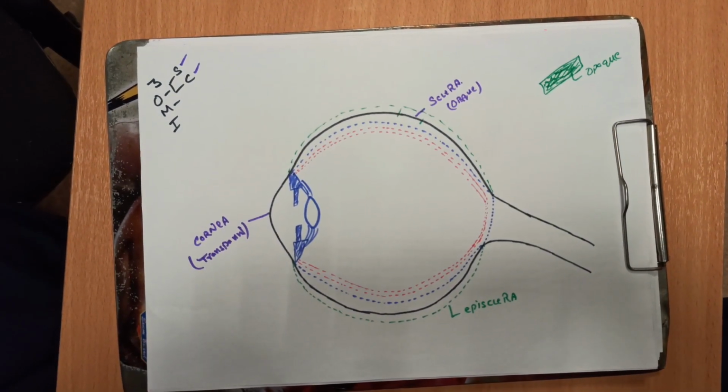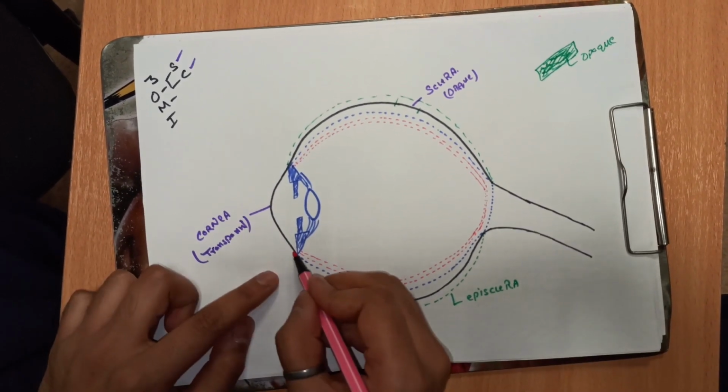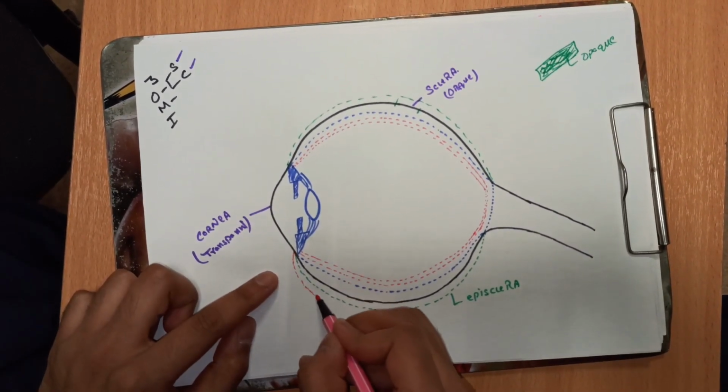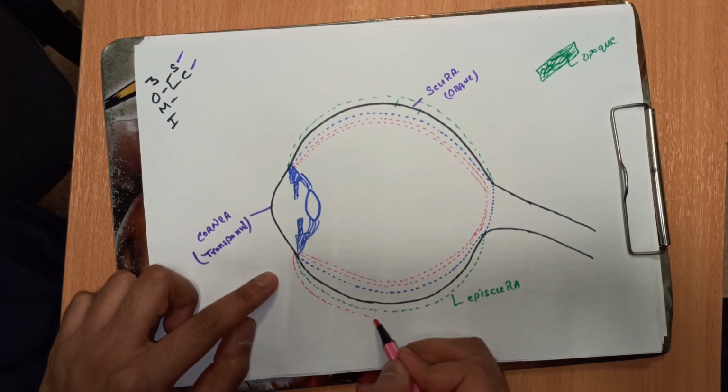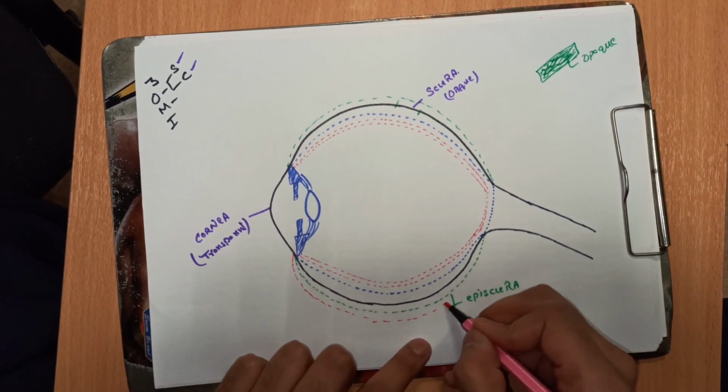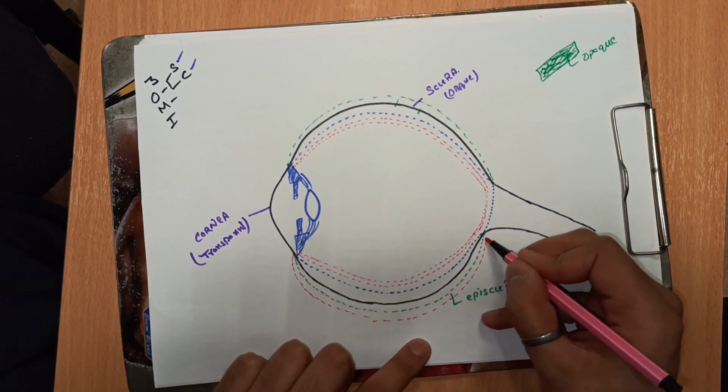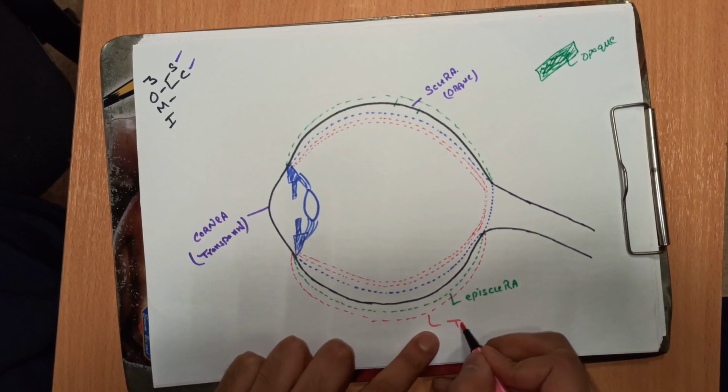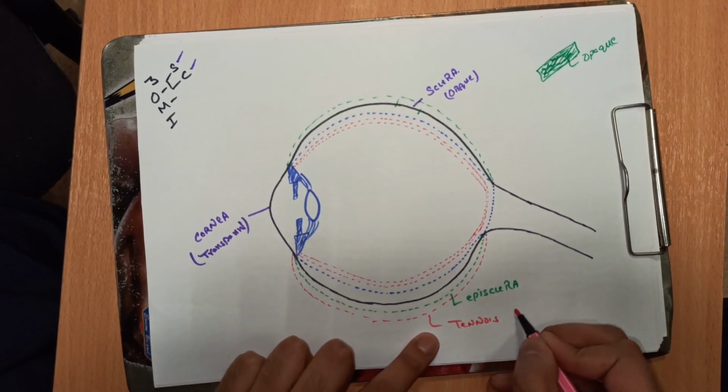Now one of the most important things, just outside the episclera there is a very hard capsule present which is called Tenon's capsule.